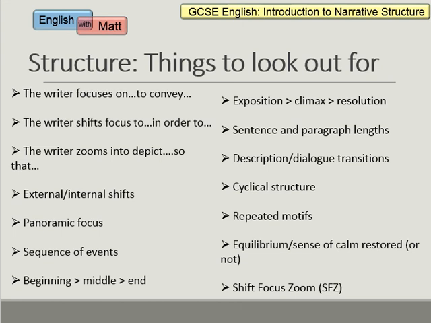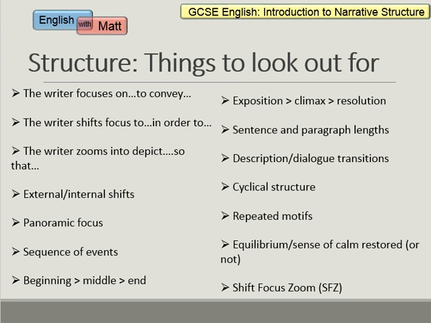It's happy ever after. Then the sense of order is restored. We have a sense of equilibrium there. Things have gone back to how they should be. So equilibrium is all about, really, how it ends. Do we ever get to a point where everything's kind of calm again or all sorted?